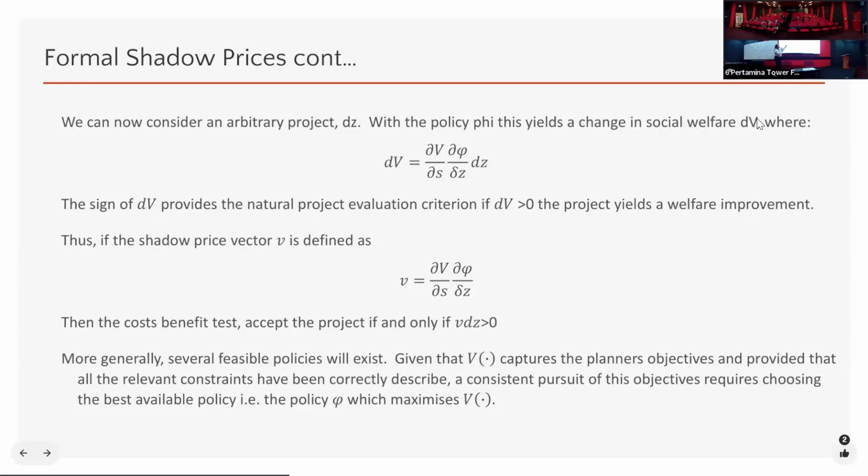And I can define this little sausage here, this one, I'm going to call B, okay? So that is the shadow price vector B. So if B is positive, voila, you do the project, okay?